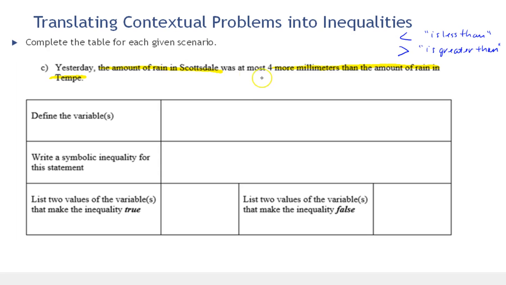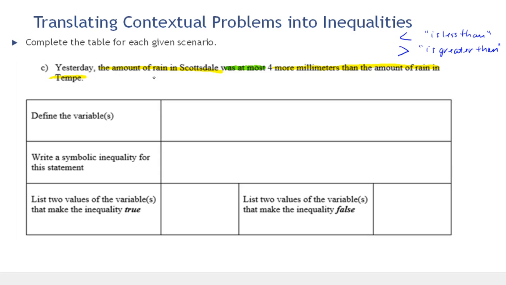Okay, so notice I stopped when I saw was at most, because that's telling me what our connective or comparative is going to be. I saw was, which is past tense for is, so we're going to want to use this to connect to an inequality symbol. So first, we're going to define our variables, and notice an S has appeared because here there's actually two variables.